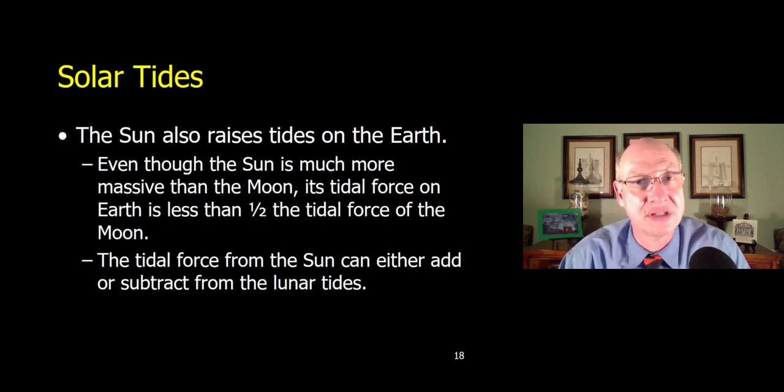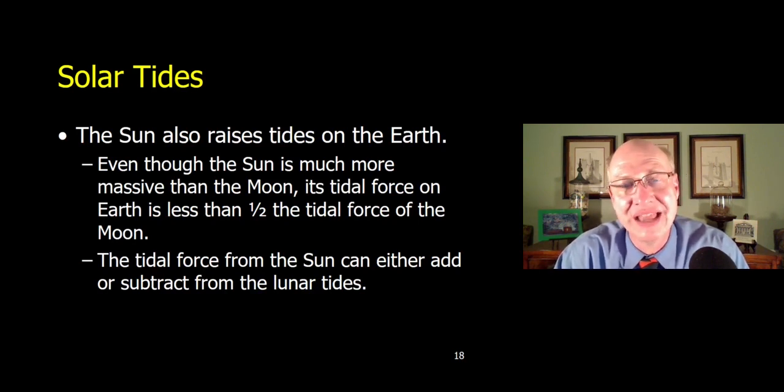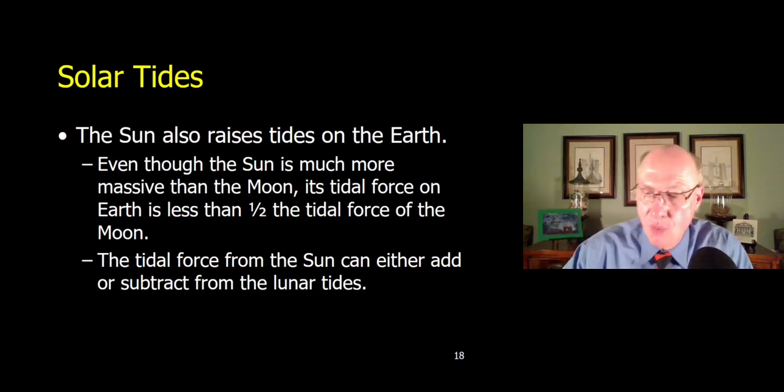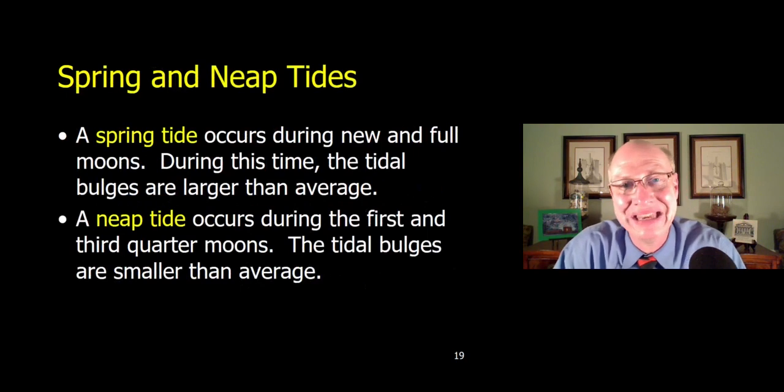But sometimes the tides just aren't very big, and that's what usually happens when the high tide from the sun is canceling out the low tide from the moon, and the high tide from the moon is being canceled by the low tide from the sun. What we call these are spring and neap tides. Spring tides occur during new and full moons, and it's during this time that the tides are higher than average.